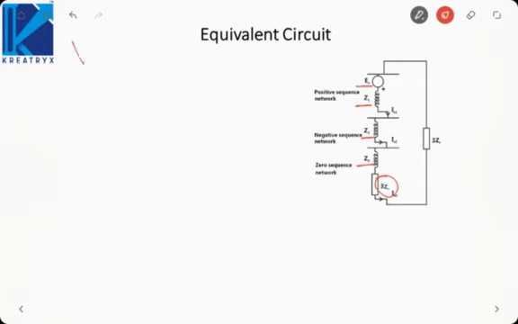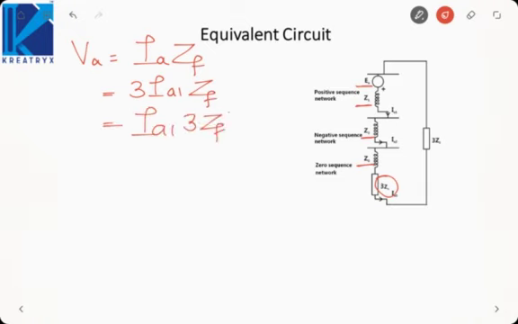Now, VA was equal to IA into ZF, which is equal to 3 IA1 into ZF, or IA1 into 3ZF.